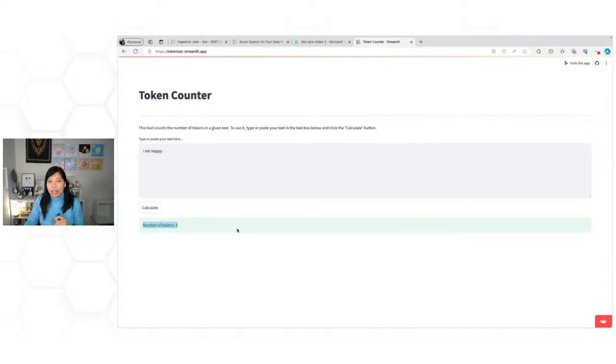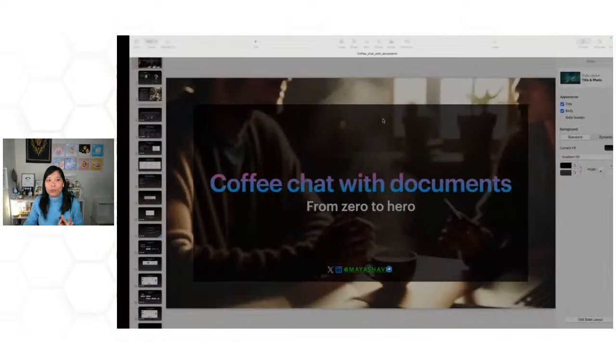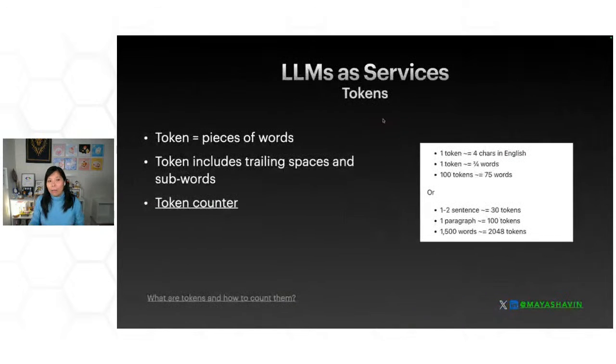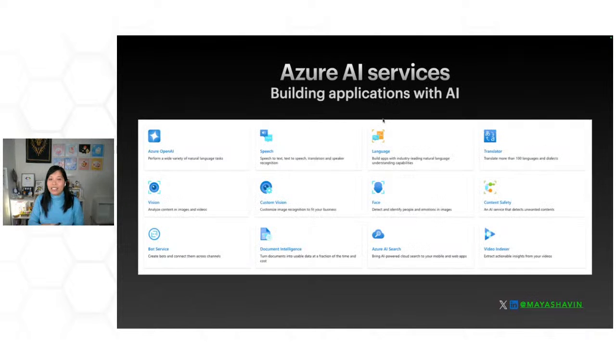It can be approximate, and there may be something wrong because this is an open source project. So it's a reference for you to know how many tokens you are using, but don't take it as the de facto count. Okay, so that's about tokens.